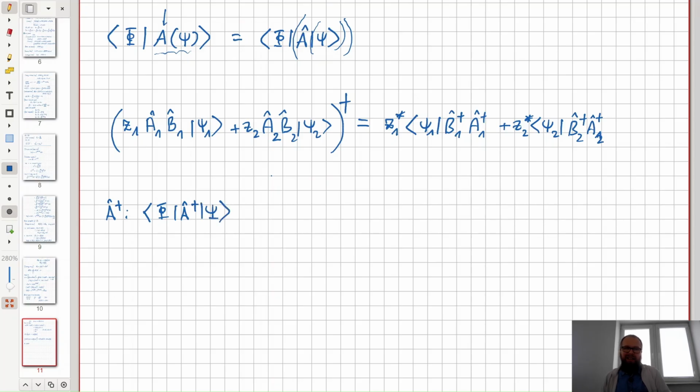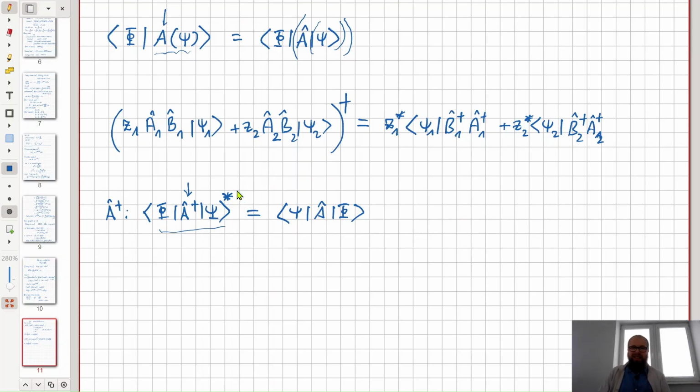A dagger is such an operator that taking this kind of inner product equals psi, A phi. Maybe you can write it like this. This is the operator that satisfies this equation.